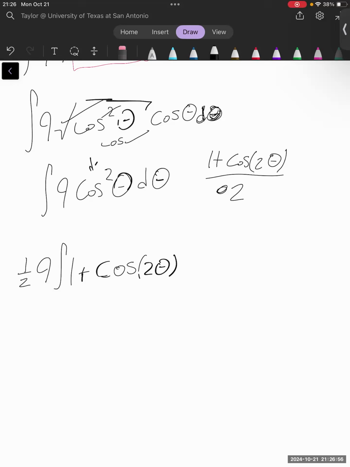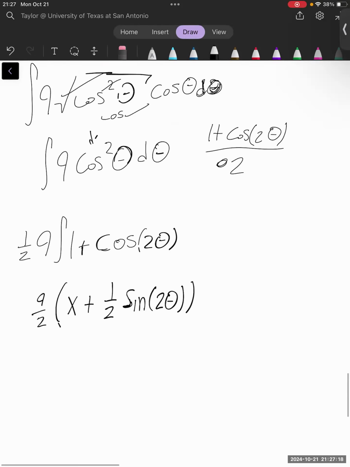Carrying out this integral, I get 9 over 2 x plus 1/2 sine 2 theta.